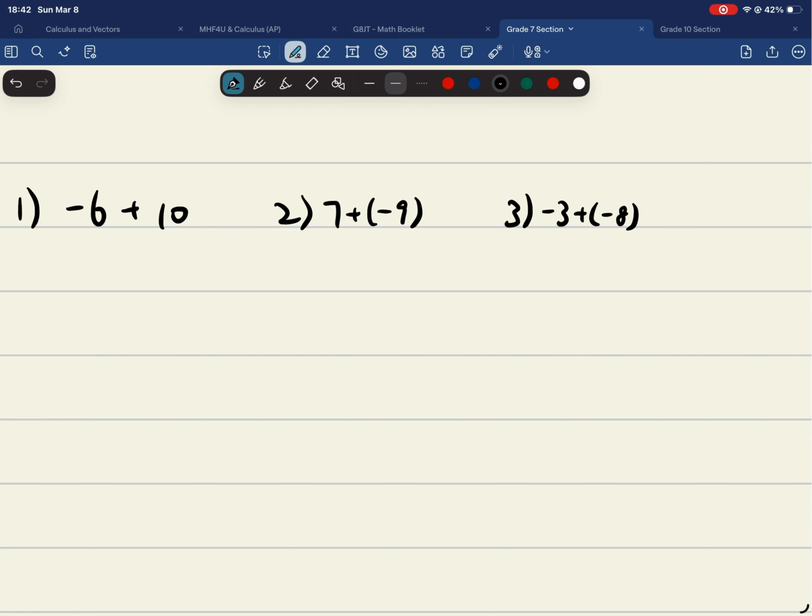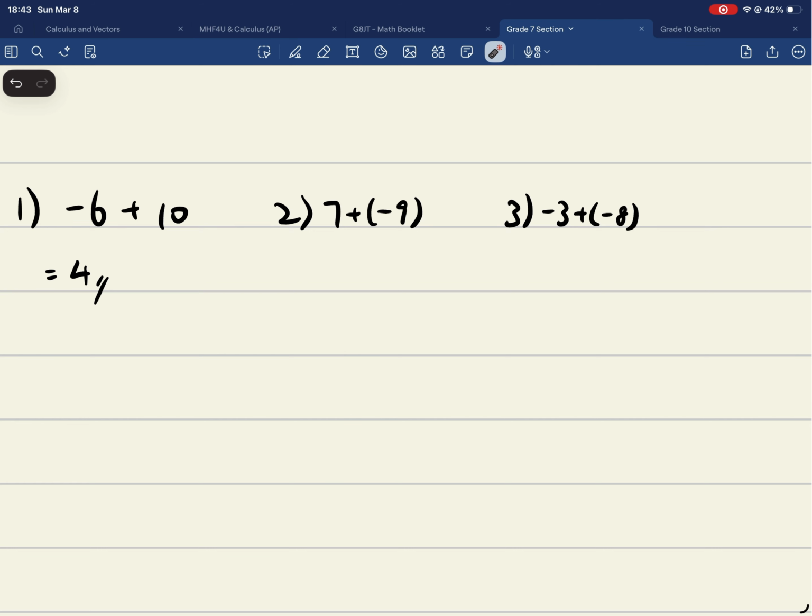So now, the answers. If I'm solving these, the first will equal 4. Because a negative number adding a positive number, if the positive number is bigger than the negative, it must come back with a positive number.